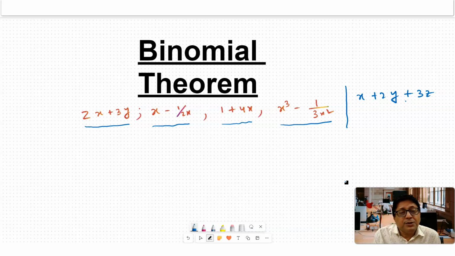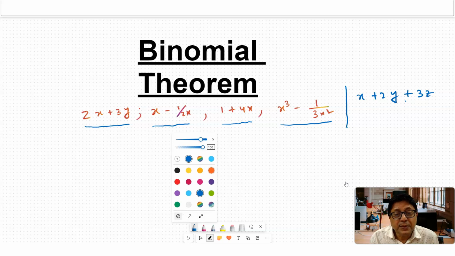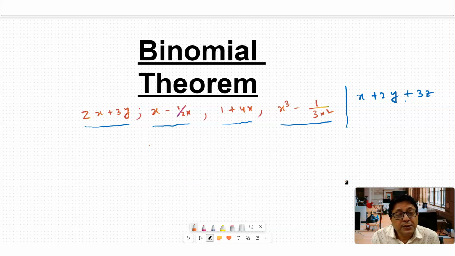I am talking about the simple expansion where we consider expansion of x plus y to the power 2 or x plus y to the power 3. You have seen this kind of expansion.